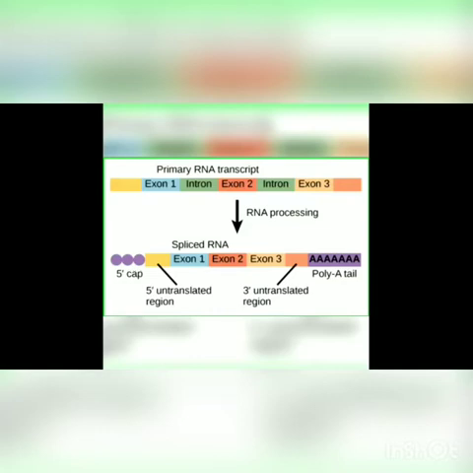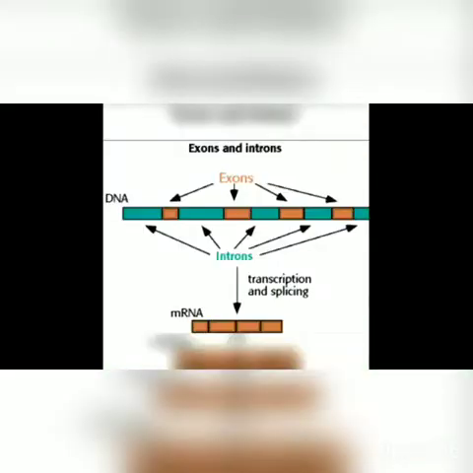Since exon arrangement and intron removal are flexible, the exons coding for polypeptide subunits act as domains, combining in various ways to form new genes.